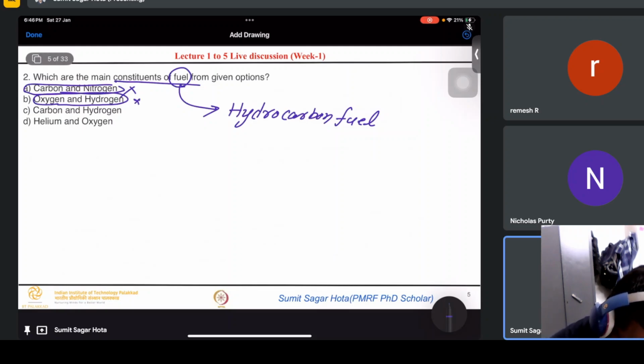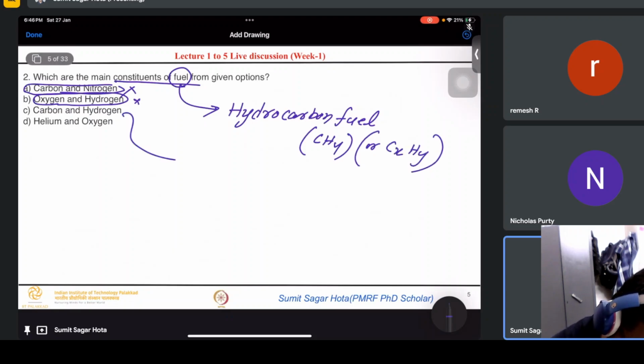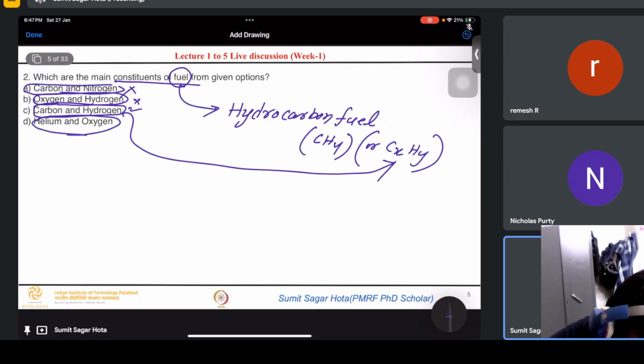Any hydrocarbon fuel, if you see, this combination CxHy will be there. Helium, for that we need too much temperature, so obviously we are not using helium as a fuel as of now. Maybe in future, by use of plasma technology, we can use helium as a fuel also.